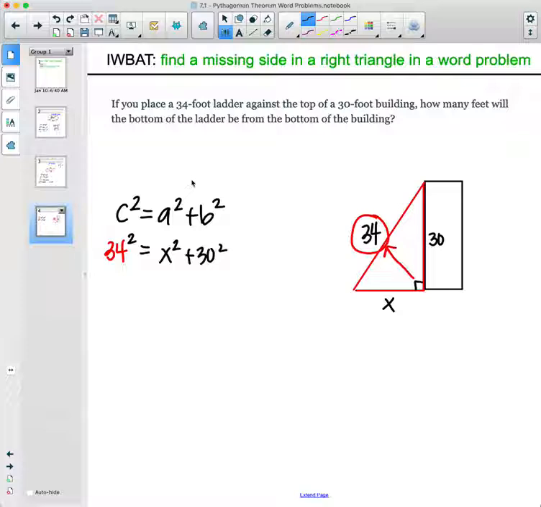Then we'll start evaluating. 34 times 34 is 1,156. And then we just have the x squared. 30 squared, or 30 times 30, is 900. Get that x squared by itself, so we'll subtract 900.